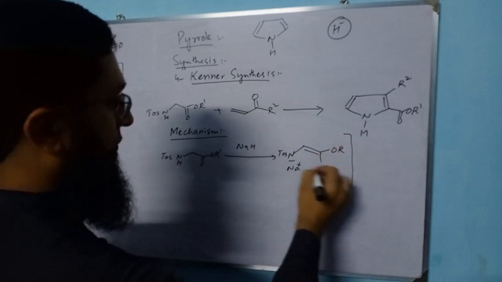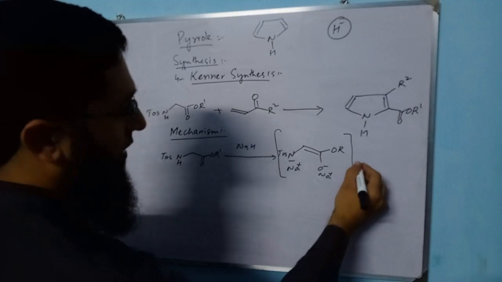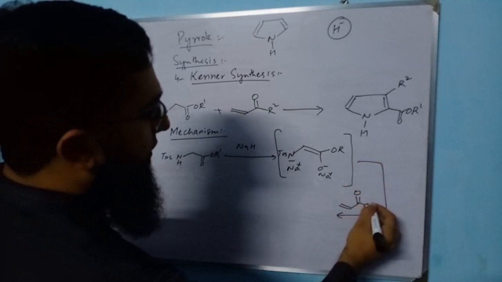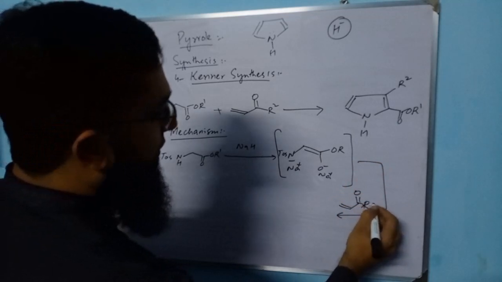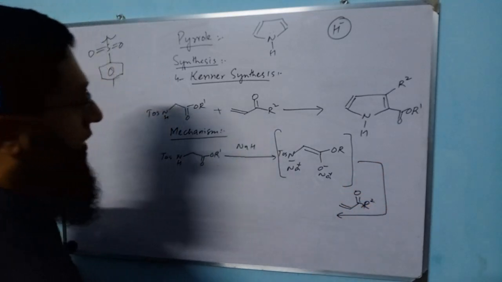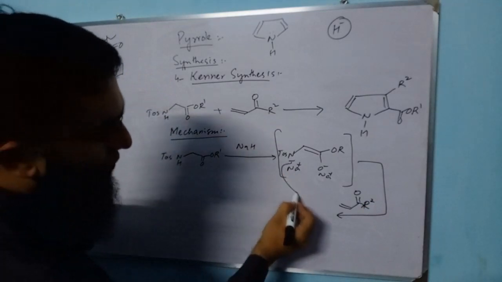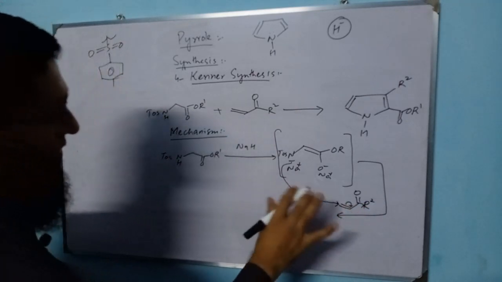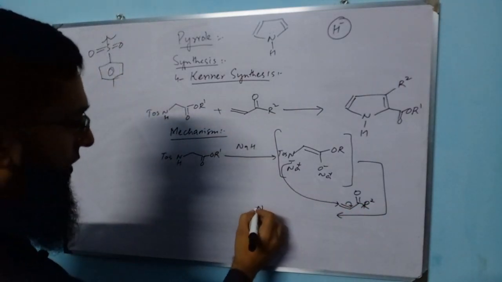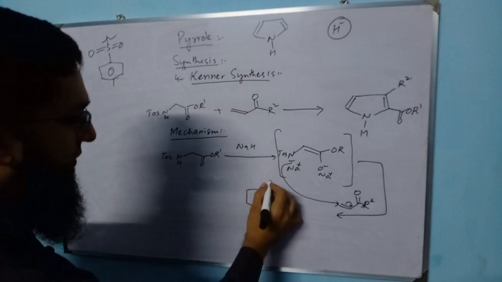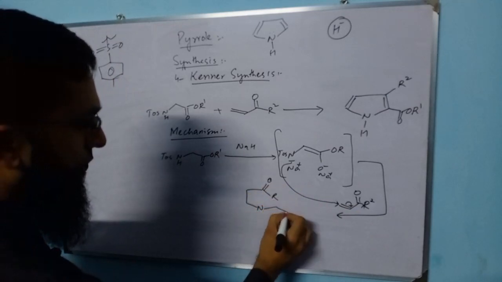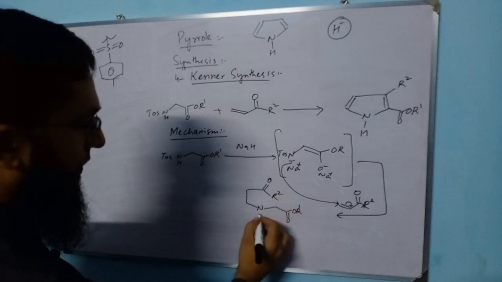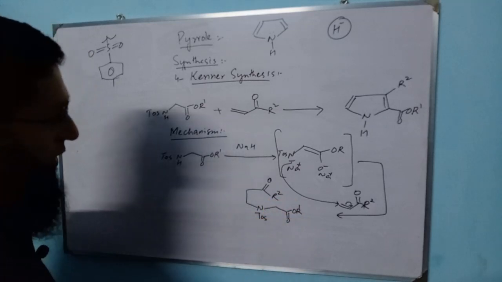This is enolate of amino acid ester, and it would be allowed to react with ketone, and this nitrogen would attack here. This is Michael addition, and it would shift here, and as a result of Michael addition, we will get this. Here, tosyl group.